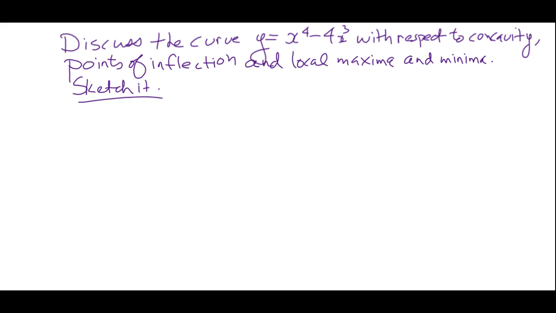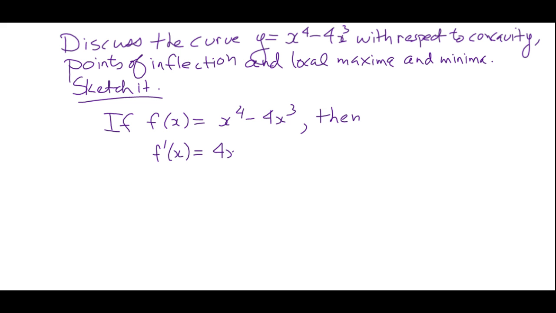Well, at least this is easy to find the derivatives. So f prime of x is 4x cubed minus 12x squared.